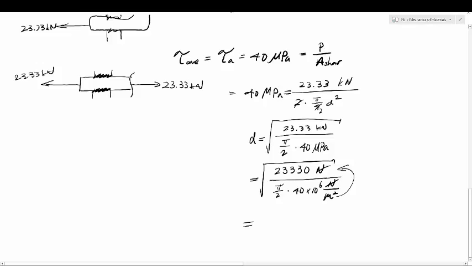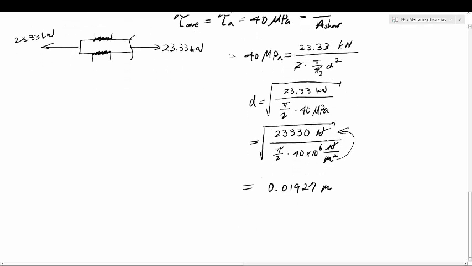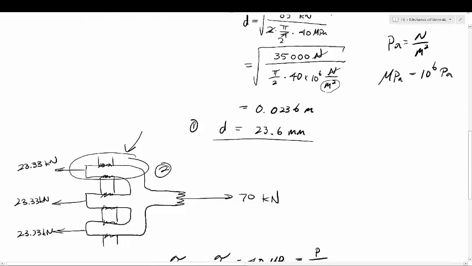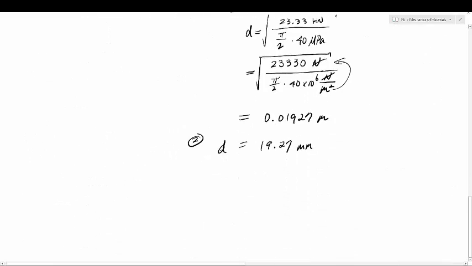When we simplify all of these numbers, we should get 0.01927 meters, which is equal to 19.27 millimeters. So this is our diameter for case 2, when we're analyzing the right-hand side.